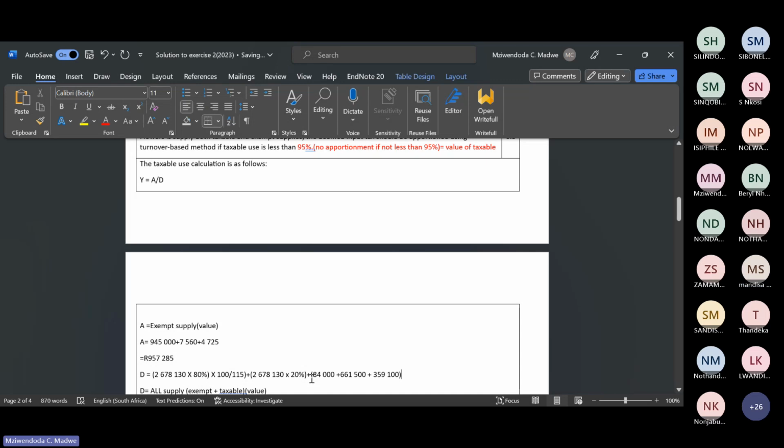All these amounts, you multiply by 100 divided by 115.